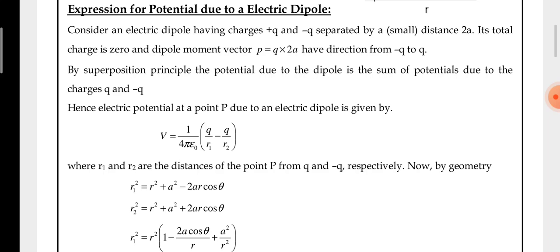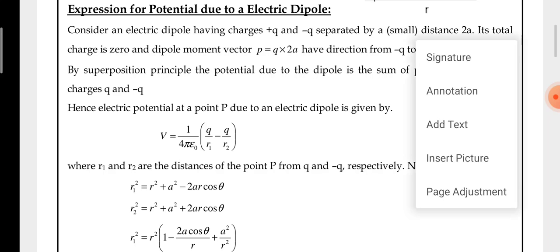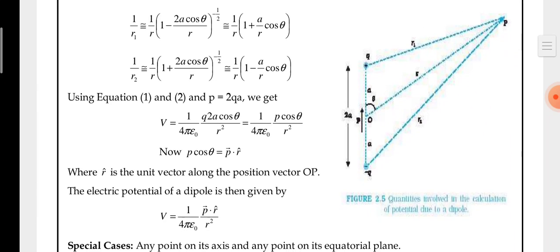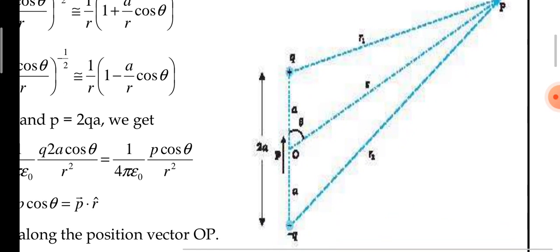After having this, now the expression for electric potential due to an electric dipole. Here in the diagram you are observing the electric dipole clearly. This is the electric dipole. Bottom to top I am going to explain.